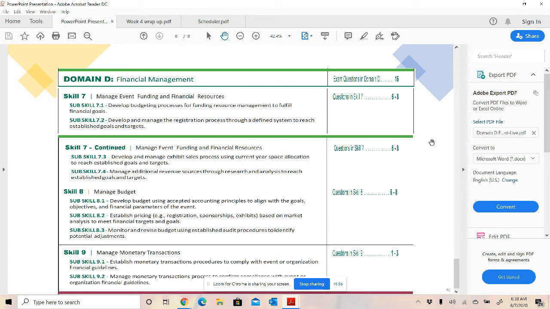Establish monetary transaction procedures to comply with event or organization financial guidelines. So this is establishing the cash handling procedures, maybe. You also want to know the difference between all the tools that are available for the monetary transactions, like the income statements, balance sheets, cash flow statements, things like that. And lastly, manage monetary transaction process to confirm compliance with event or organization financial guidelines.